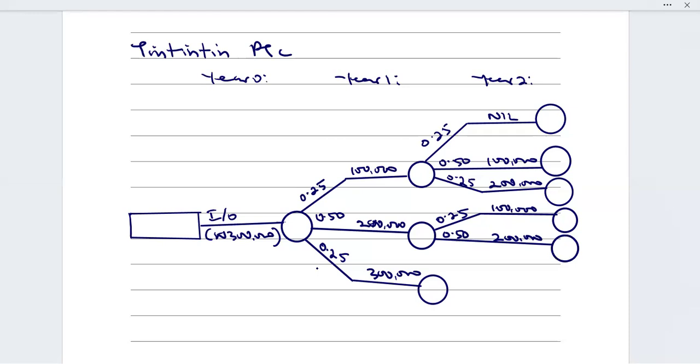Then if cash flow in year 1 is 200,000, probability of 0.25 that cash flow in year 2 will be 300,000. So push it down. 0.25. Cash flow is 300,000.